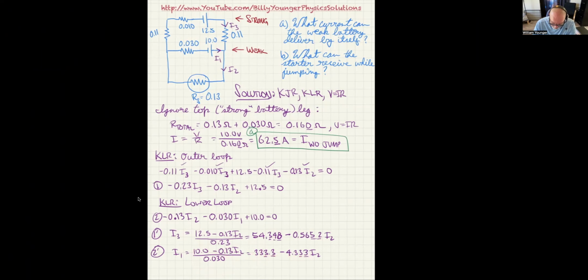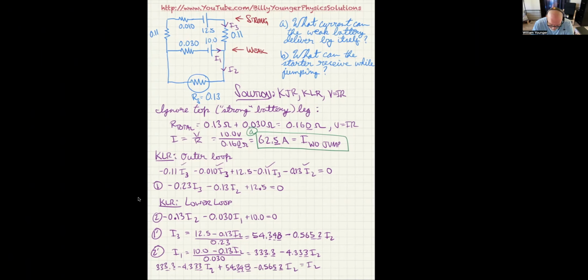But now I have an equation for I1 in terms of I2, that's called 2 prime, and an equation for I3 in terms of I2, and that's called 1 prime. Now all I need is my Kirchhoff junction rule, which I already told you is I3 plus I1 is equal to I2. I swore I'd already written that on here somewhere, but obviously I did not.